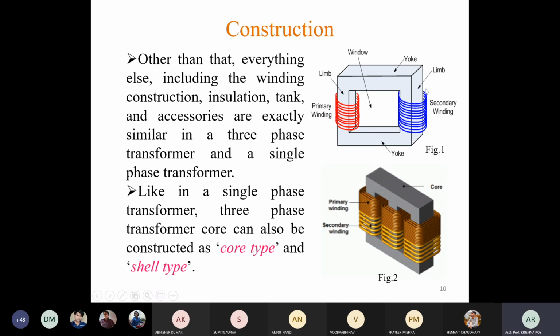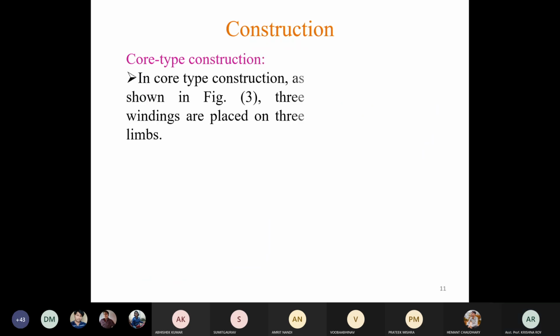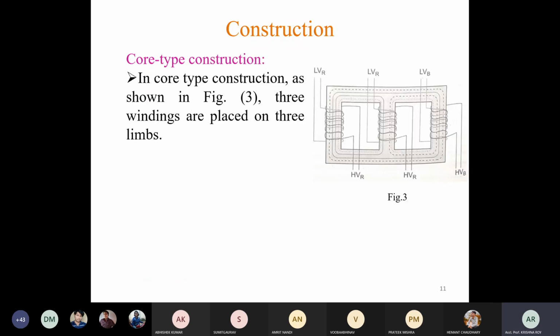Like single phase transformer, the construction of core of this 3-phase transformer are also 2 types. One is core type, another is shell type. So what is this core type construction? You can see the diagram.